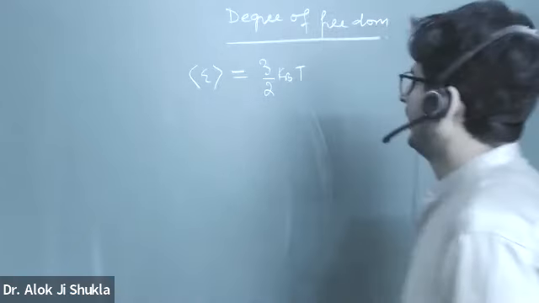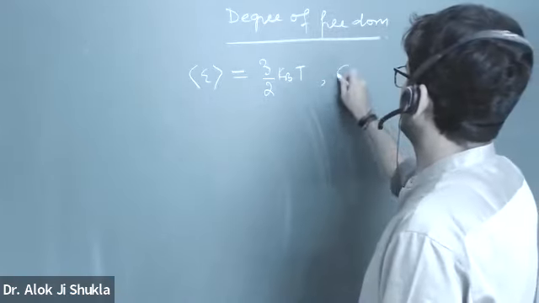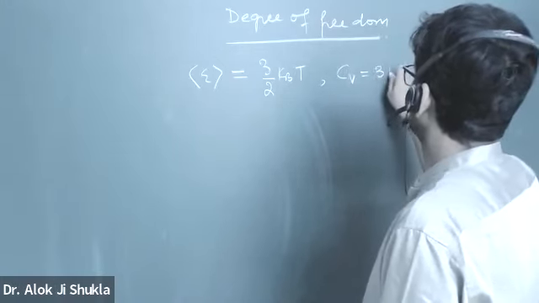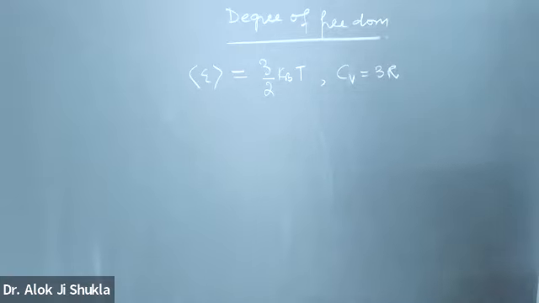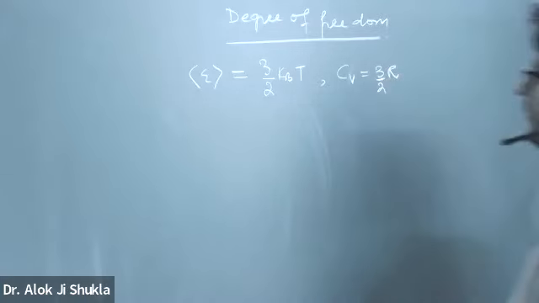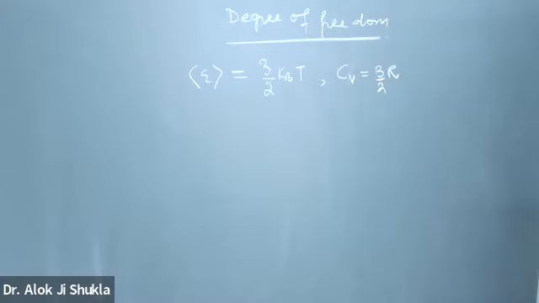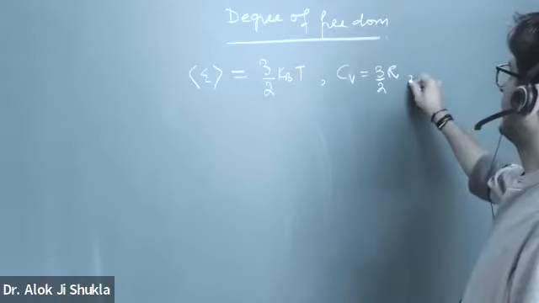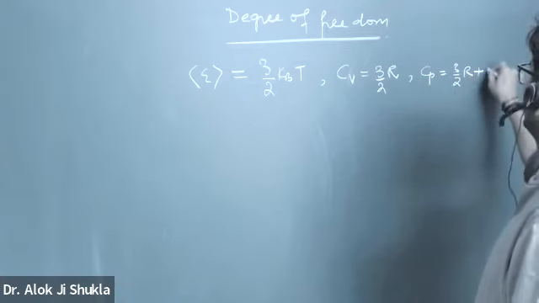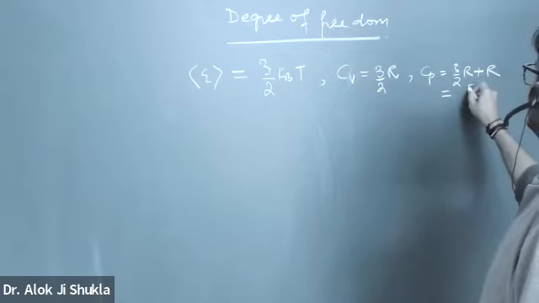Using this, if I calculate the specific heat Cv, that is 3 by 2 R. Differentiate this with respect to temperature: you get 3 by 2 kB, multiplied by Avogadro number, which gives 3 by 2 R. Then you calculated Cp, which was 3 by 2 R plus R, which is 5 by 2 R.